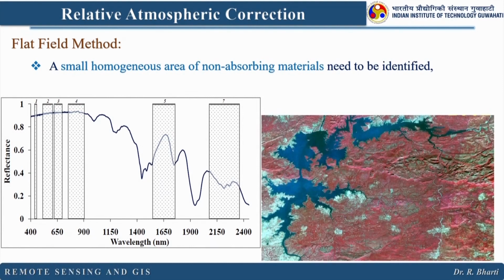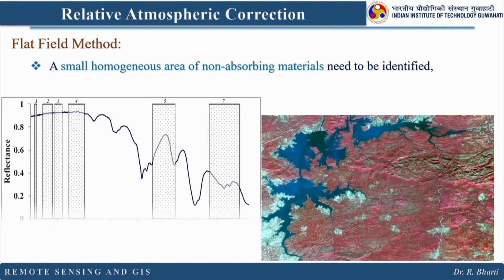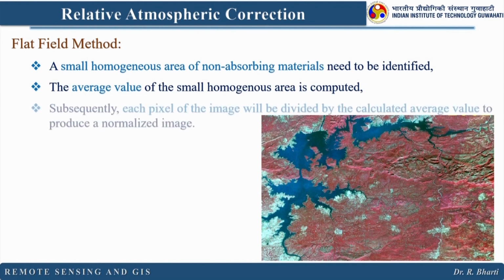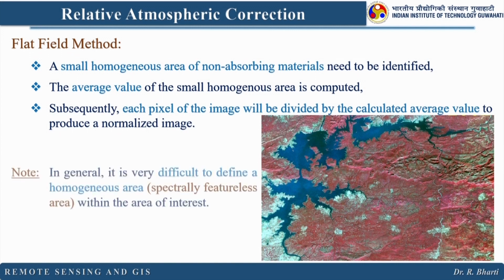In this case I have drawn that one. The average value of the small homogeneous area is computed, and then each pixel of the image is divided by the calculated average value to produce a normalized image. We assume that by doing this you are removing the atmospheric errors.